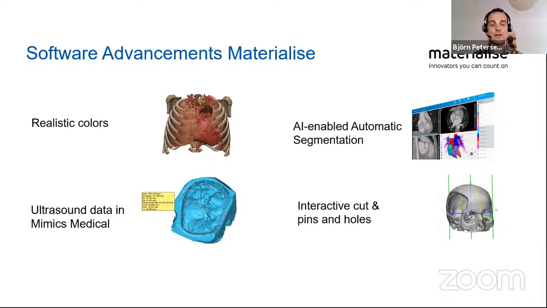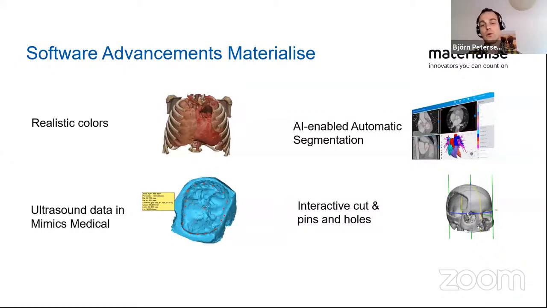This was a wish of the customers from our side, where they said, okay, we want to have something in realistic colors. You will also have the possibility to use ultrasound data and to create your STL out of the ultrasound data. This is something people in gynecology, oncology, and also in the vascular part or the heart part are working with.